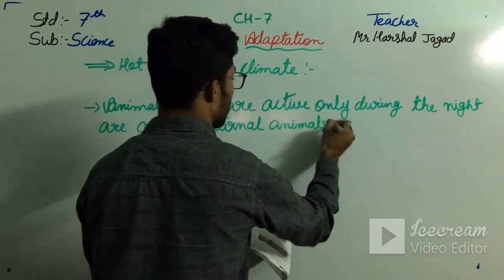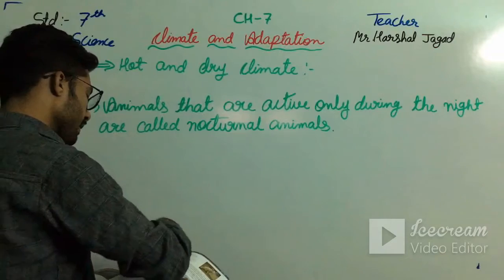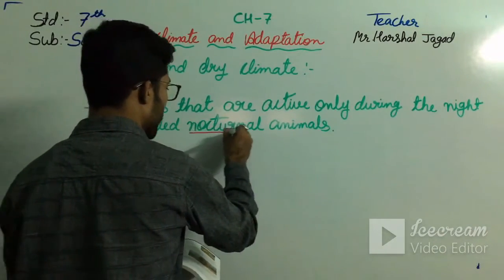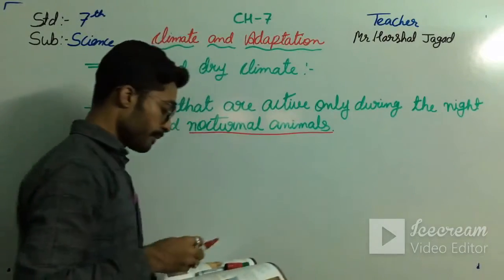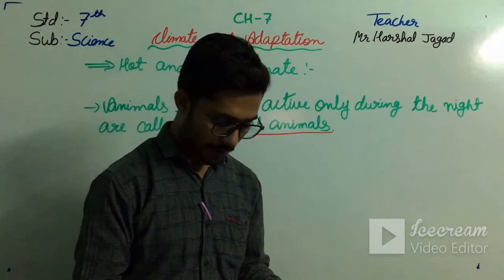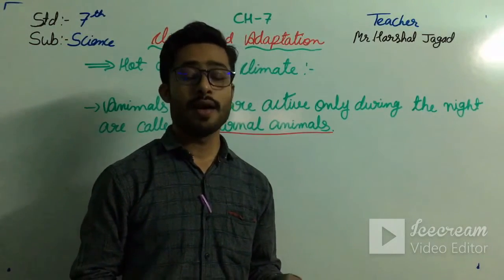Okay students, they are known as nocturnal animals. It can be asked what they are, so you have to remember this. And here you can see a figure is given of a ground squirrel and a kangaroo rat.